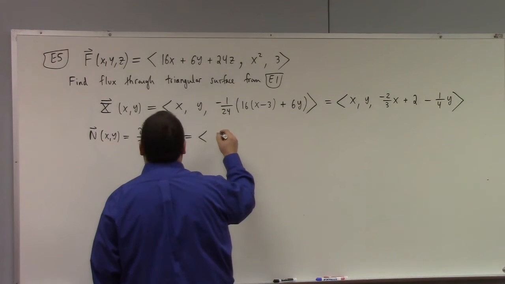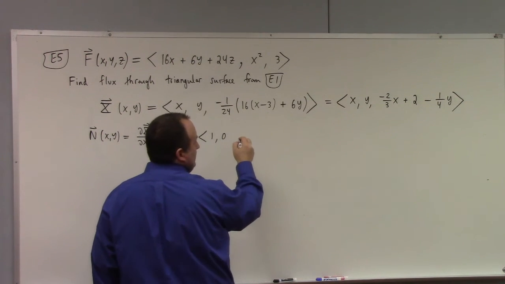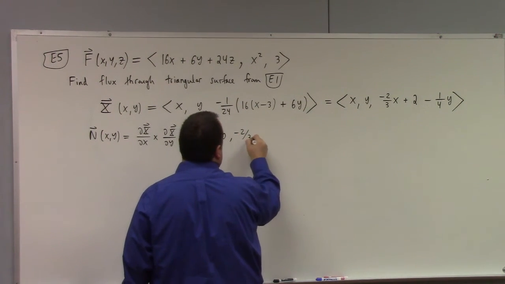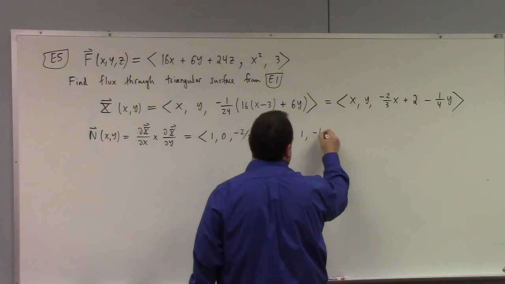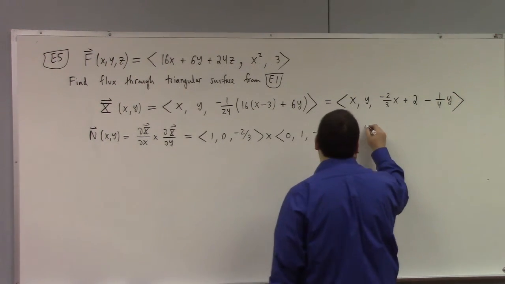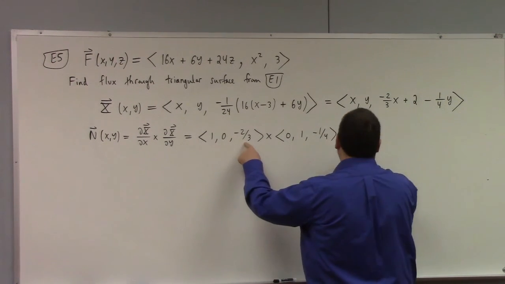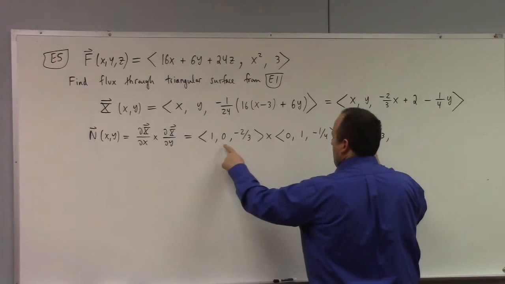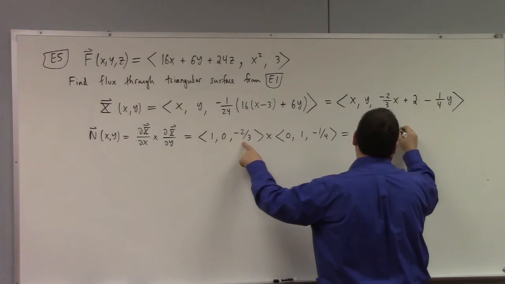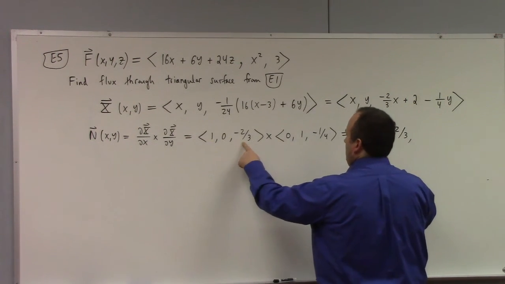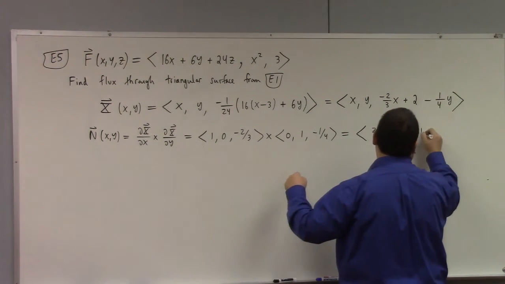I don't know why I've gotten on this kick of only using big X in your course, but it is what it is. 1, 0, minus 2/3, cross product with 0, 1, minus 1/4, which is, let's see here, 2/3, 1, I think.